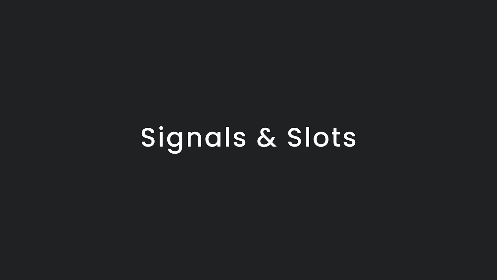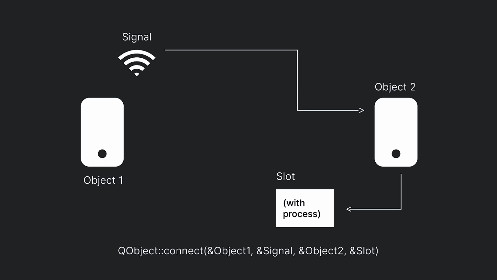That means I can connect my function with another function of a different class. And why do I need it inside the Qt framework? On the screen, I have object 1 as a mobile phone and object 2 as another mobile phone.